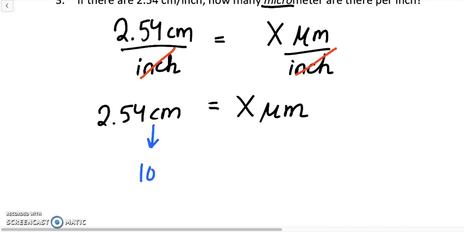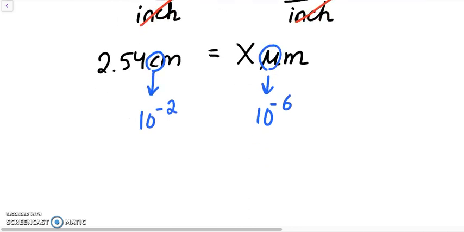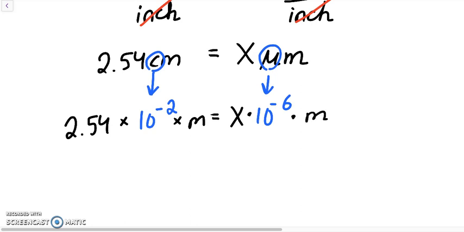This is 10 to the negative 2. If you look on your chart, micro is 10 to the negative 6. Everything else I'm going to bring down. So 2.54 times that, don't forget the meter, is equal to x times that. Let's not forget the meters. I'm going to cancel this out.